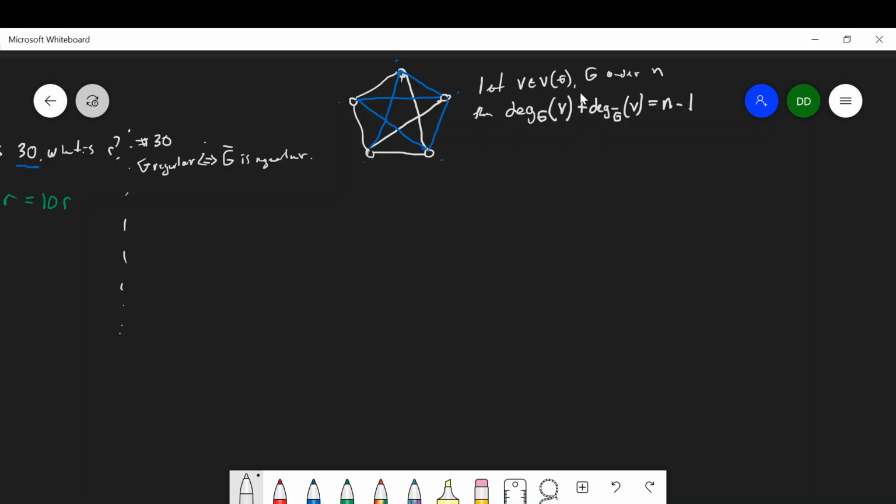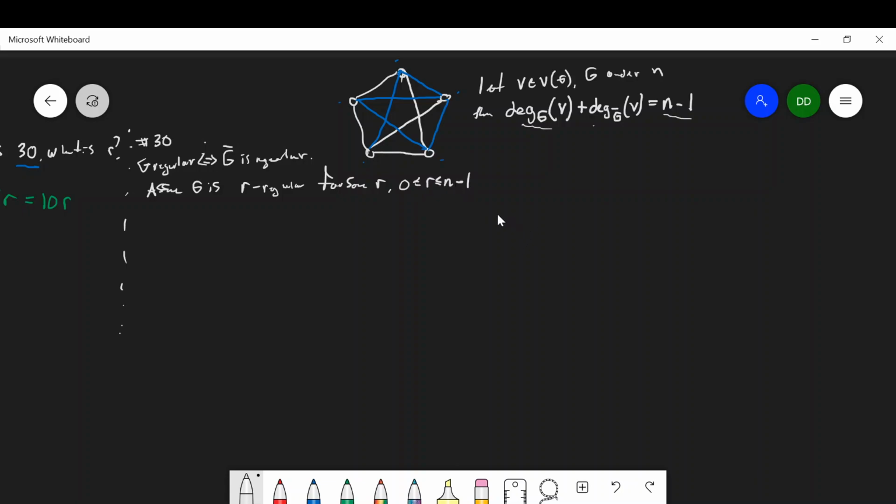So if my graph is R regular, then the degree in G of V is going to be R for every vertex. And that's constant. This is n minus 1. That n doesn't change from the graph to the complement. We have the same number of vertices. And so we'll be able to calculate the degree in G complement of V. So let's assume G is R regular for some R, and we'll say R is between 0 and n minus 1.